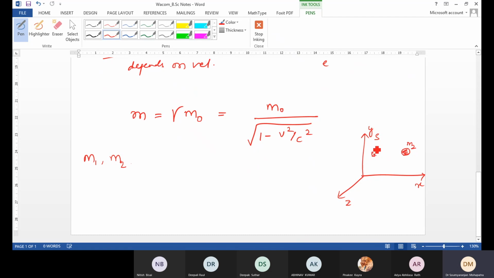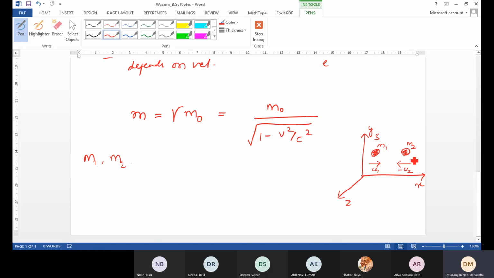Let's say this is m2, this is your m1, and m1 is approaching at the speed of u1, and m2 is approaching at the speed of u2. Since it is reverse in direction, you have to give a minus sign here, and we assume that u1 and u2 are very much close to the speed of light.